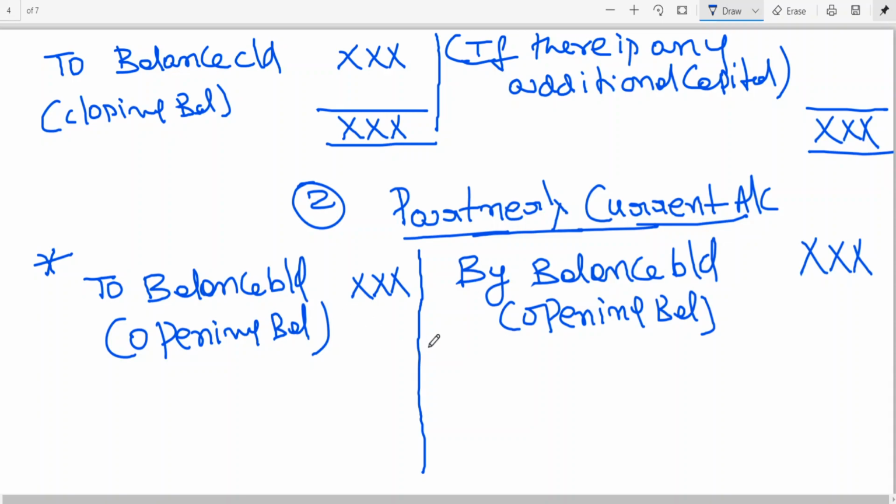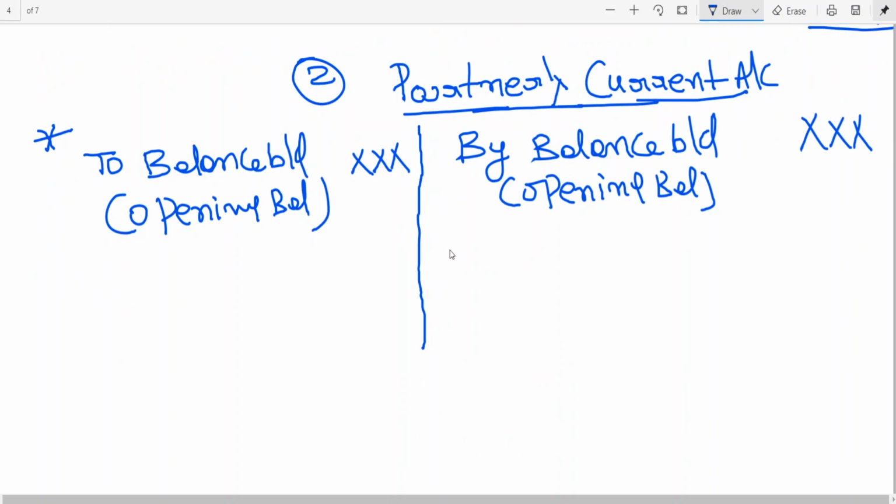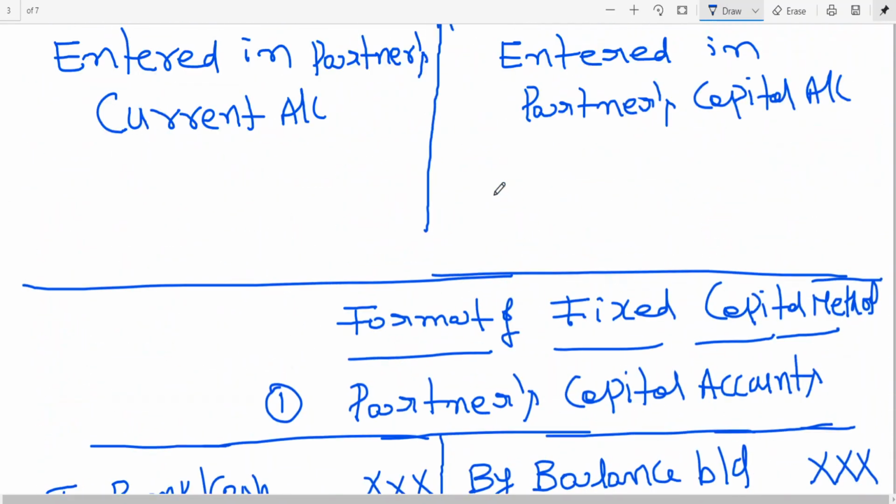Okay. Then we have learned by P&L appropriation account. Okay, I'll do one thing first. You have seen the entries, so if you go by that, it will be easy for you.